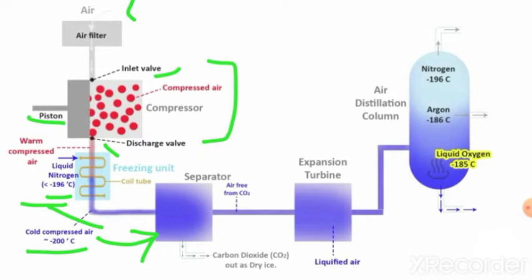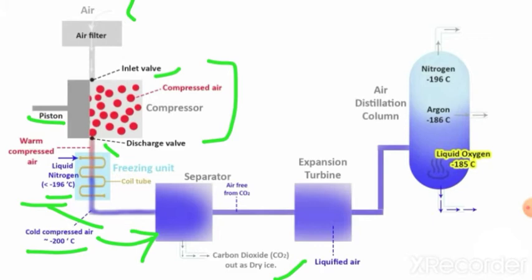Why is a separator required? You may ask that we have already filtered the air, so why do we need a separator? The separator is required because we do not want carbon dioxide. Carbon dioxide needs to be separated out as dry ice. So in the separator we have a set of adsorbents which make the air free from carbon dioxide.